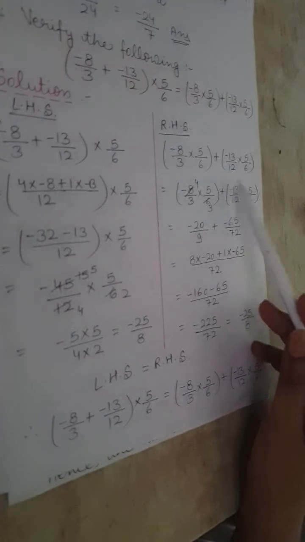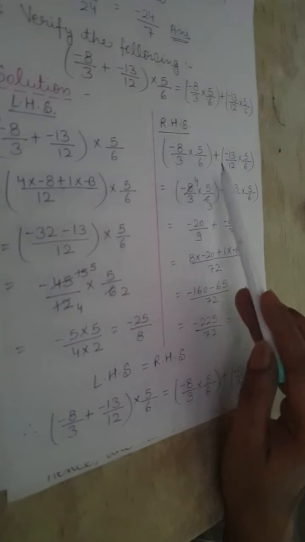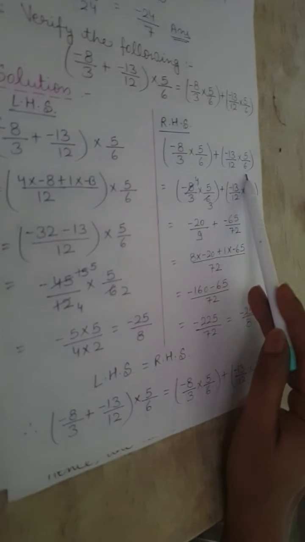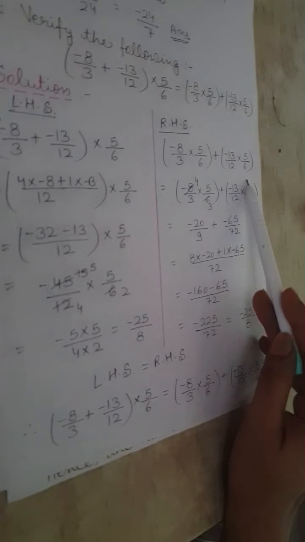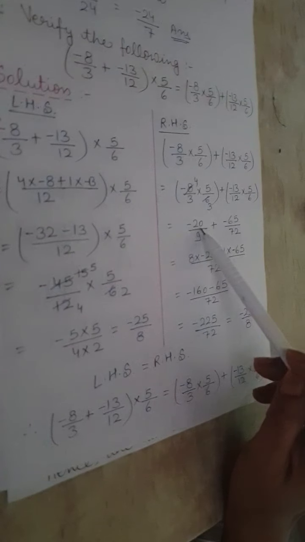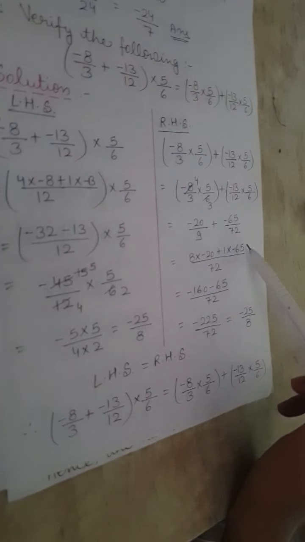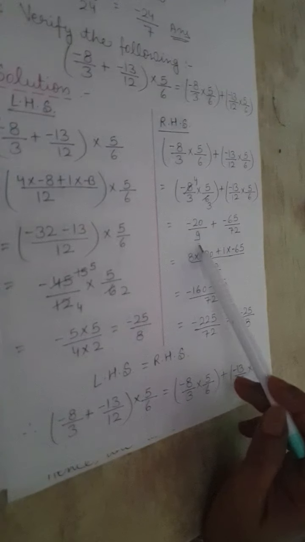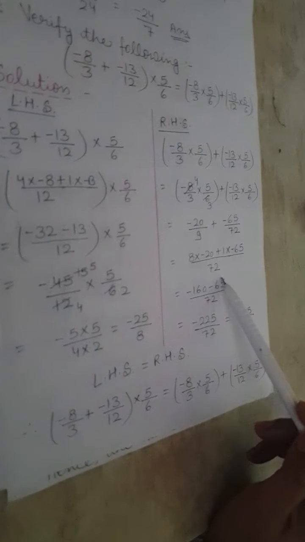Now in the same way solve the RHS. First find out the product of both the brackets, and then take their LCM. See, the product of the first is minus 20 upon 9 and the second is minus 65 upon 72. Now take the LCM of 9 and 72. We get 72.